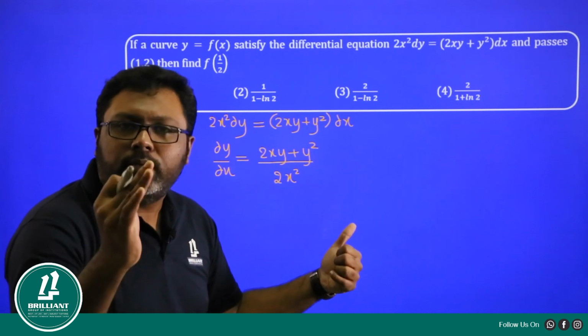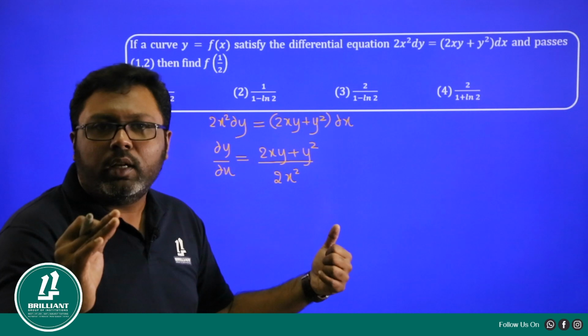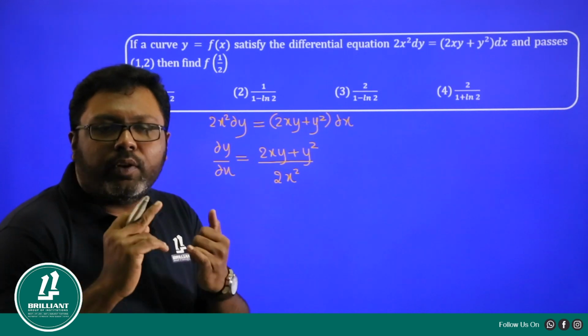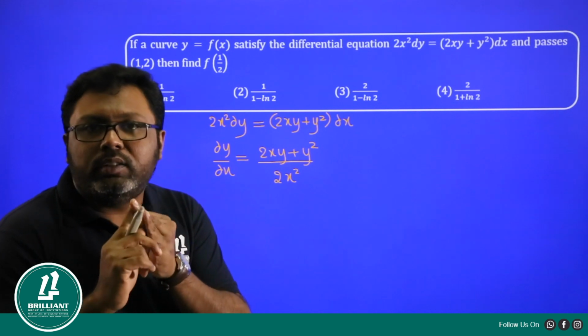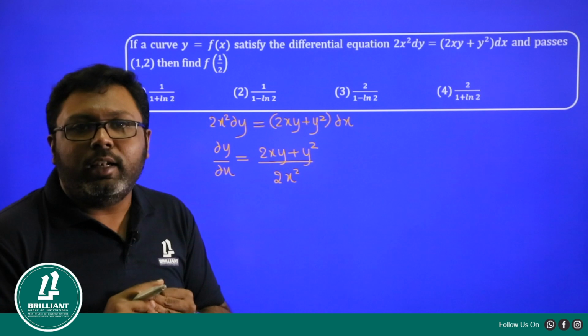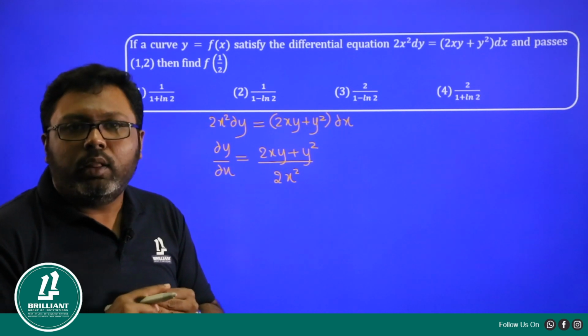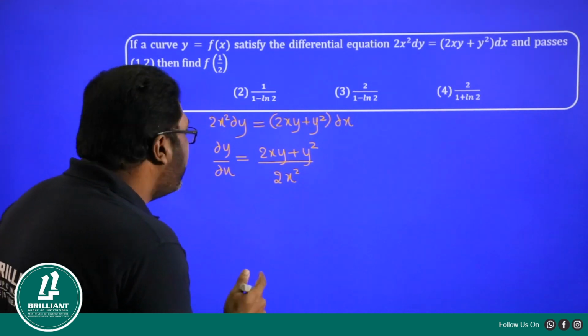You have three types of differential equations in your grade 12 chapter. One is the variable separable form, the second one is the homogeneous form, and the third one is the linear differential form. This is clearly a homogeneous differential equation.